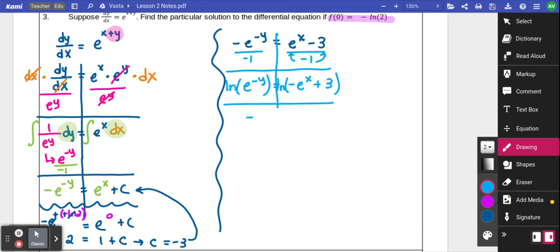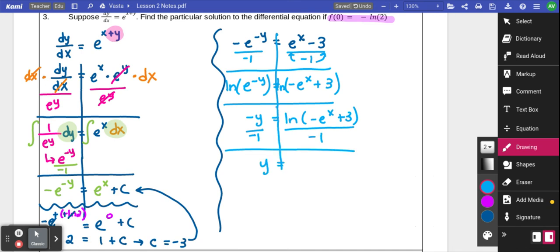And I'm going to have negative y equals the natural log of negative e to the x plus 3. And then I just need to divide by -1 in order to get the y by itself. So I have y equals the negative natural log of negative e to the x plus 3. And there we go. That's our final answer.